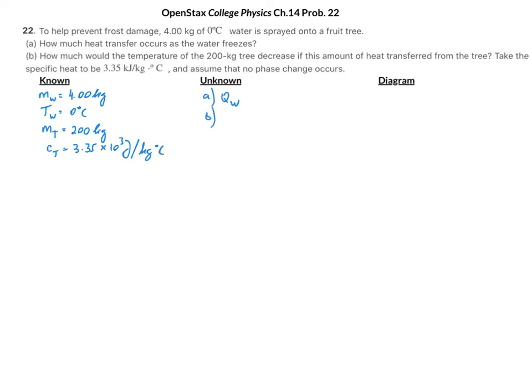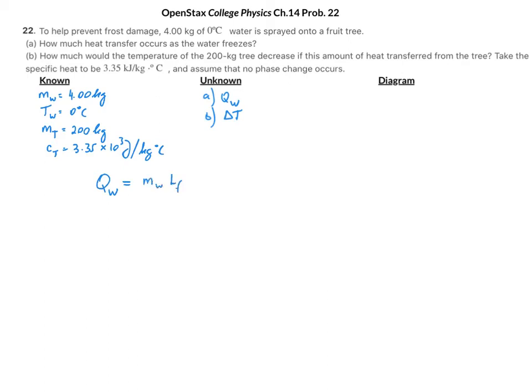And in part B, we want to know the temperature change, the decrease in temperature, if that heat was transferred from the tree. So I have a place for the diagram, but I really don't have much to draw on there, so I'll skip that.